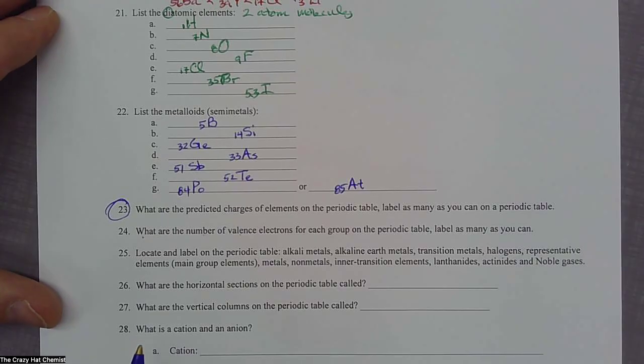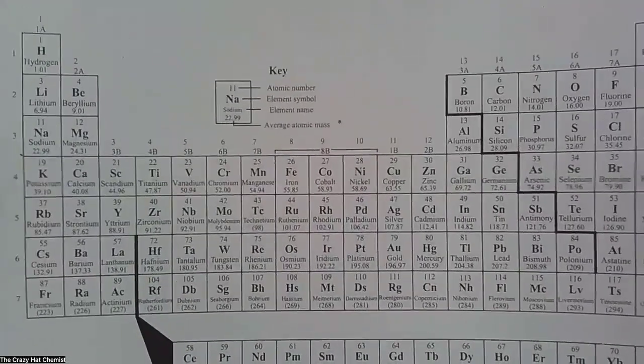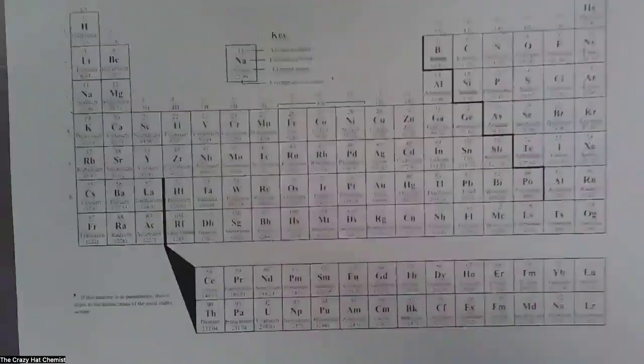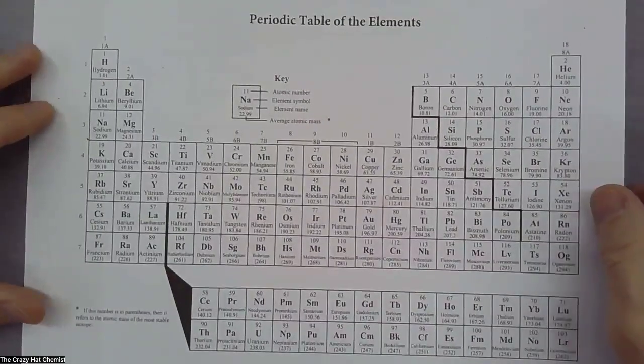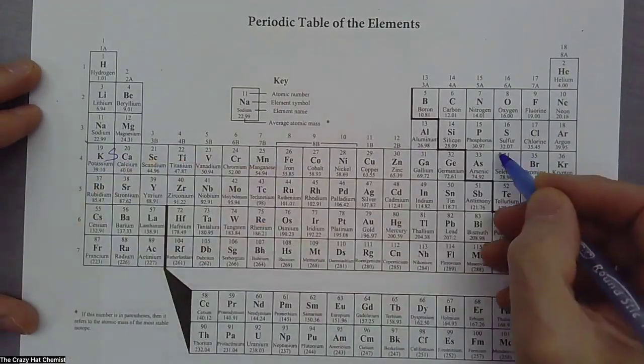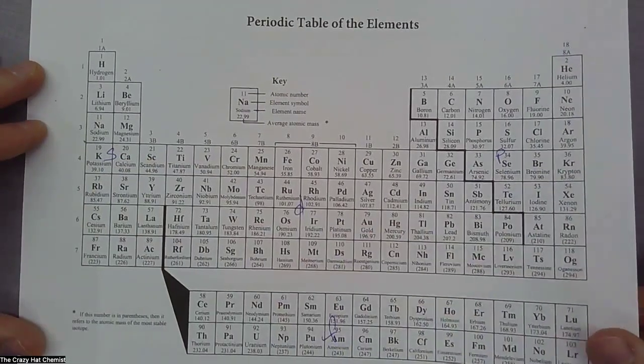All right. So what we're going to do with this one is take our periodic table, and from previous videos on electron configurations, we should understand S, P, D, and F. So what grade do you not want to get in chemistry?